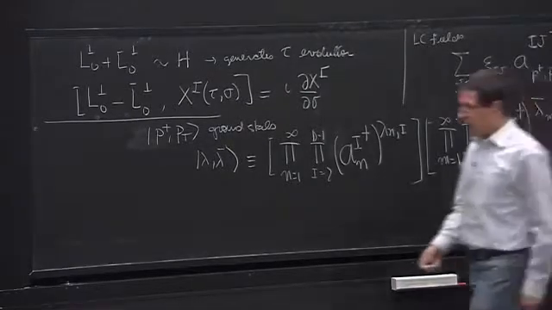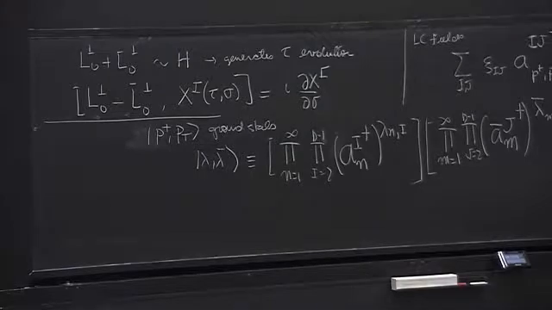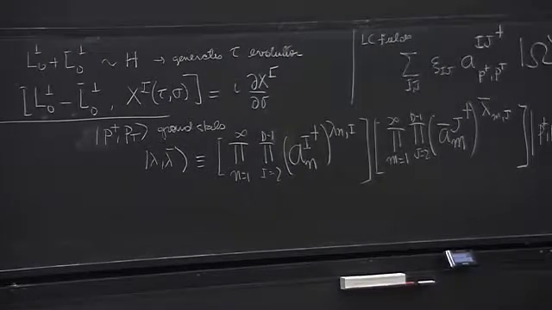So you need to put everything there. Every oscillator can appear and can appear a number of times. So if there was infinity for the open string, this is like infinity squared.